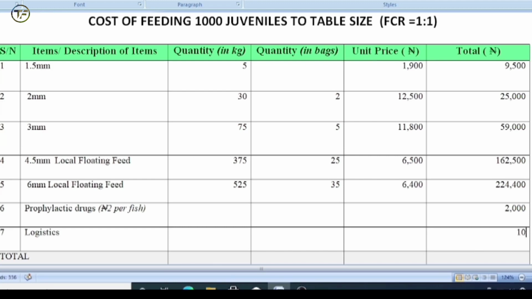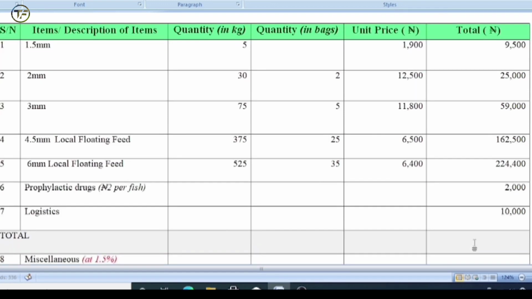You might not spend up to that, and you might spend more than that depending on where you are getting your feed from. If you're in a location whereby it's not easy to get feed and you have to go to a very far distance to get feed, then you're going to be needing more than 10,000 naira.